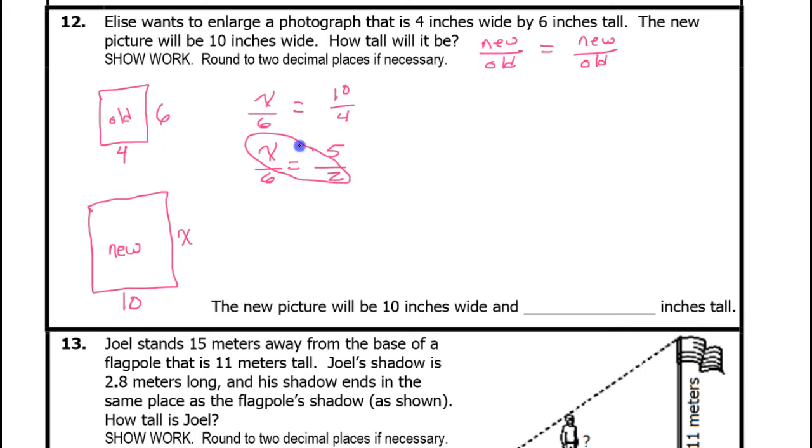Looking at this diagonal, we have 2x, and looking at the other diagonal, we have 30. Dividing by 2, x is equal to 15. So the new picture will be 10 inches wide and 15 inches tall.